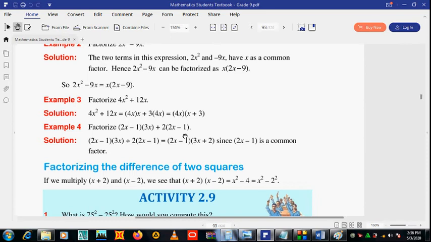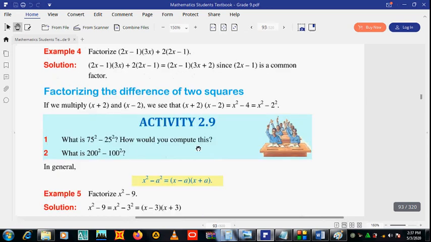Therefore, the common factor is 2x minus 1. So the final factorization is 2x minus 1 and 3x plus 2. Is it clear? Okay, thank you.